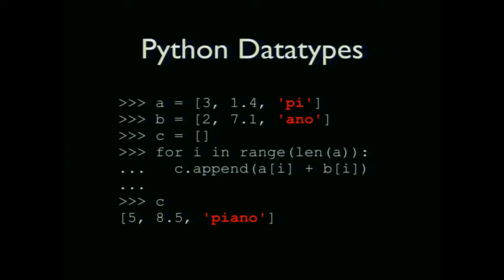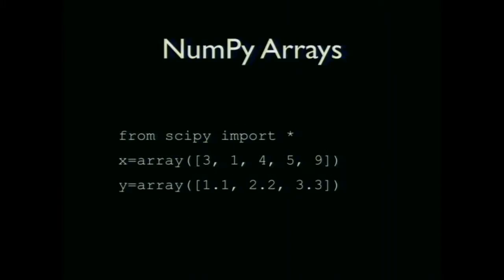So the way NumPy handles things is they glom onto this array syntax, but they force you to have just a single data type in them, instead of multiple data types like you normally can. In this example, just for simplicity's sake for the slides, I'm going to import from SciPy and get everything that I need.